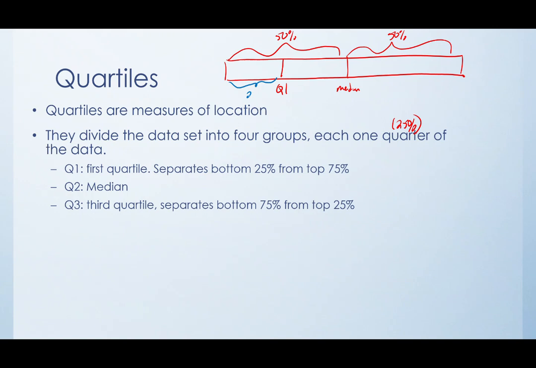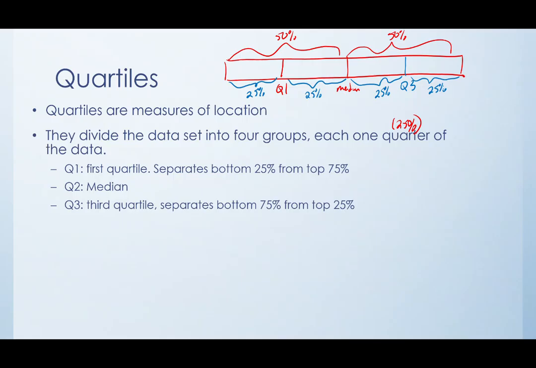So that 50% gets split in half, and we've got our bottom 25%. Then, if we take the top 50% and divide that in half, that's going to be Q3. We have 25% here and 25% there. So Q2 is really the median, okay? We don't call it Q2, nobody does.